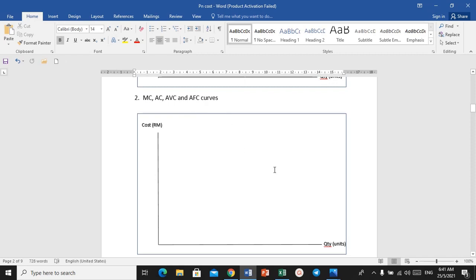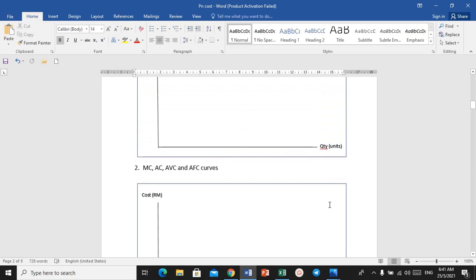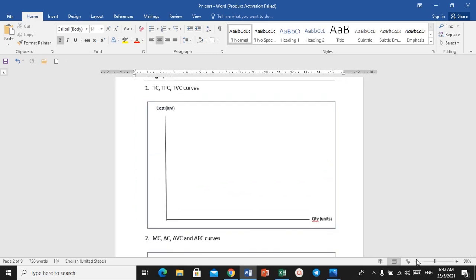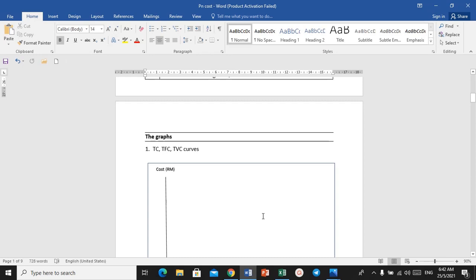For these 2 graphs, it does not necessarily mean that you need to put them in this sequence. If you want to draw this graph right next to another, it is okay.